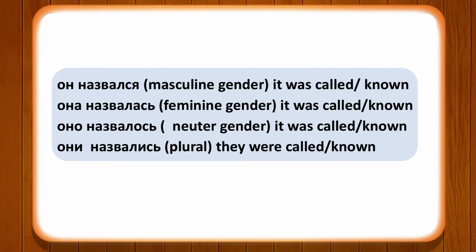Oni nazovutsya, they will be known as. Similar will be the case in past form. On nazvalsya, masculine gender, he was called or known. Ona nazvalas, she was called. Ono nazvalos, for neuter gender, it was called. Oni nazvalis, plural, they were called.